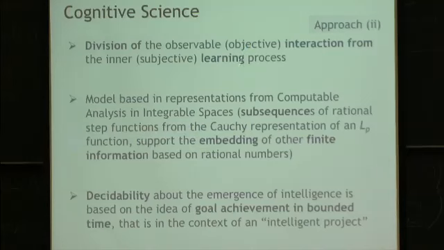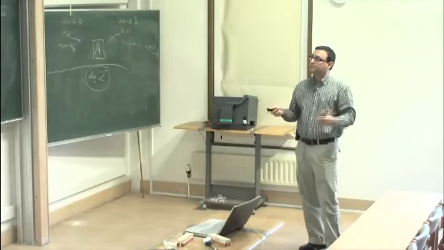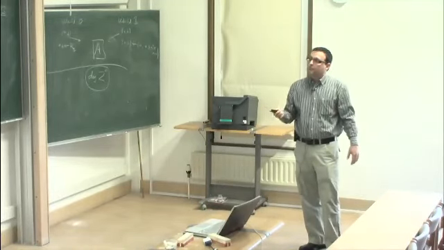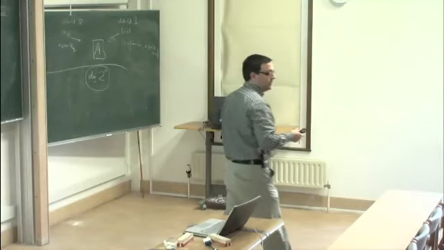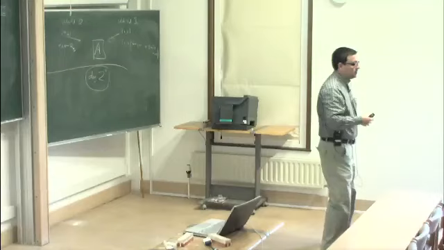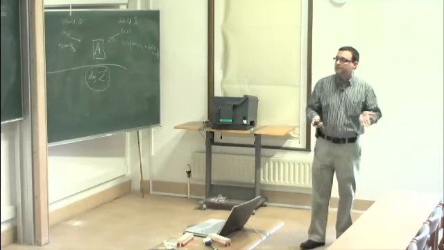We have divided the objective and subjective parts of what we think is important in our model. One thing is the observable interaction, and the other one is the learning process. I mean, we can observe something from a process, but the learning process is something subjective, okay? We have built a model based on the same stuff that I have been using for other dynamical systems, that is, to use computable analysis as a bridge from the discrete and continuous world, okay?